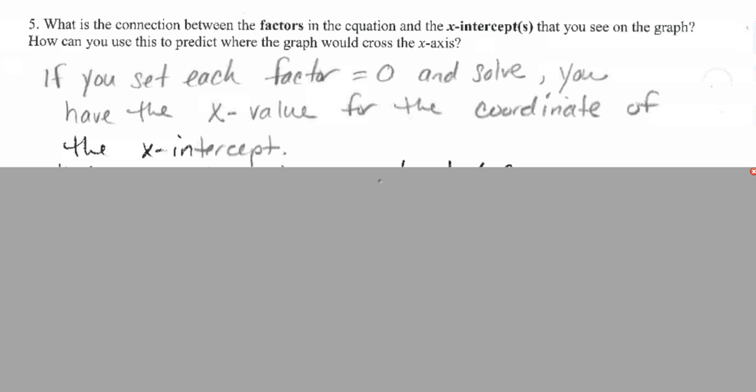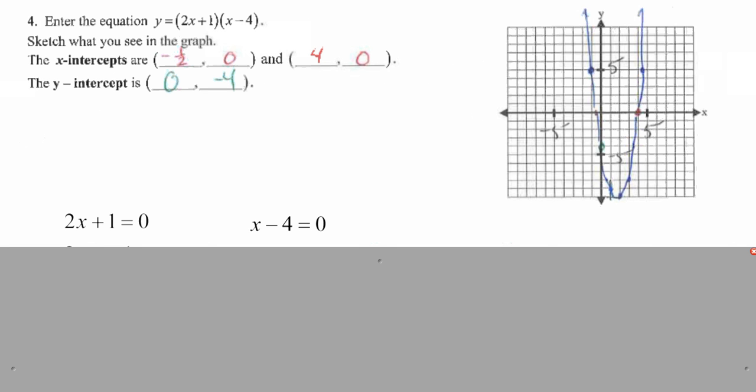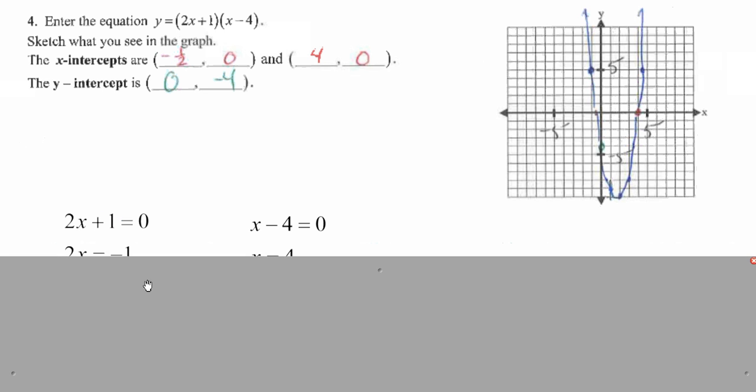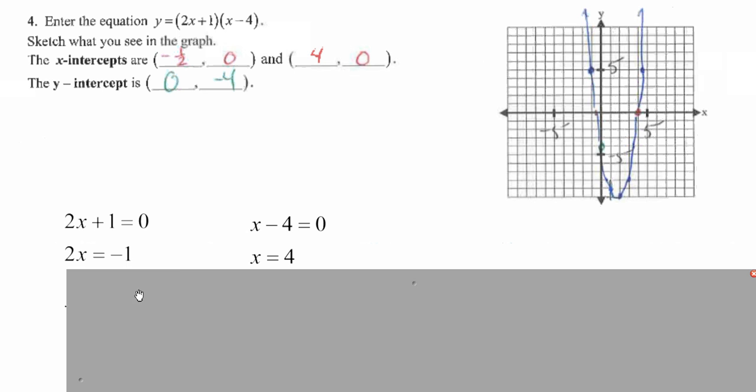For example, the last equation we're looking at, y equals our quantity 2x plus 1 and our quantity x minus 4, we can clearly see the 2 factors being used, 2x plus 1 and x minus 4. If we take each factor and set it equal to 0, again, 0 because the x-intercepts have an output of 0, and undo them to solve for x. If it was 2x plus 1, you would have to subtract 1 from each side and divide by 2. That's how we got the negative 1/2.